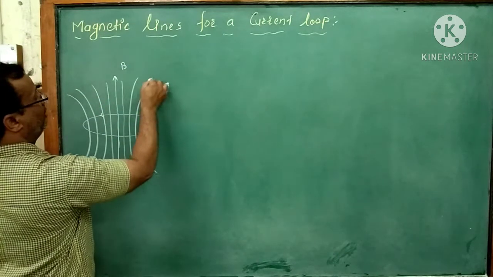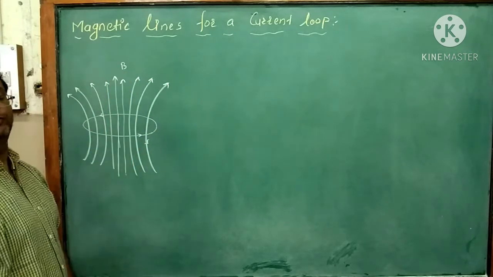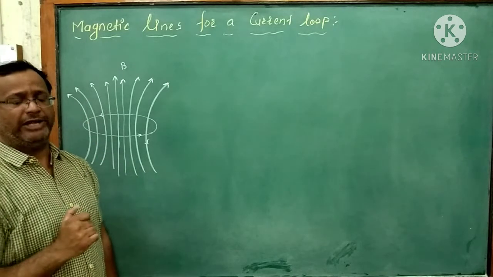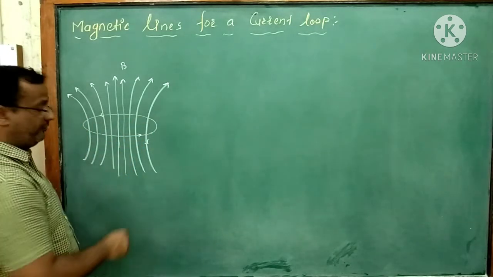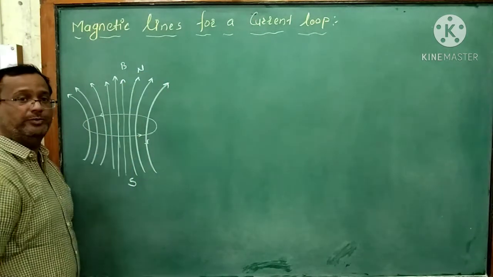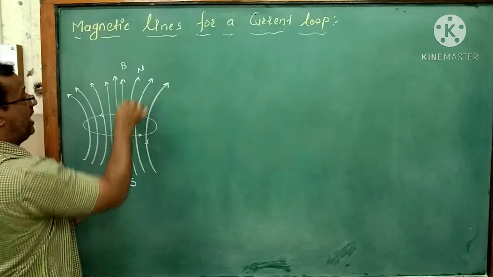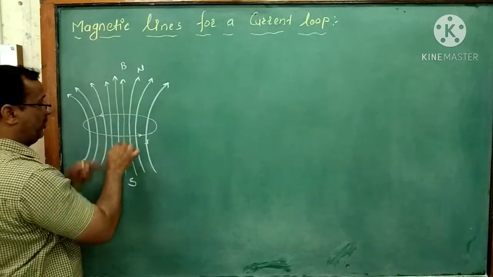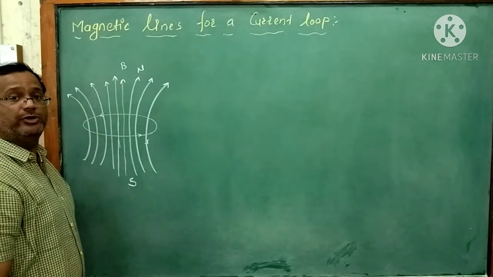And we know that the direction of magnetic lines of force inside the loop starts from the south pole and ends at the north pole. It means that here the direction of the magnetic field is along this one. So toward the upper face the north pole is produced, and toward the lower face the south pole is produced.